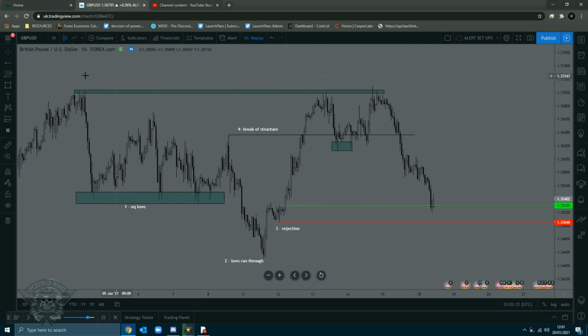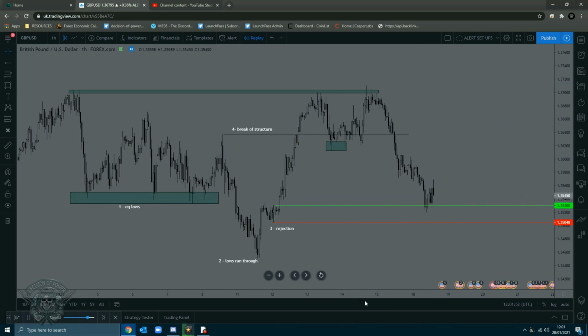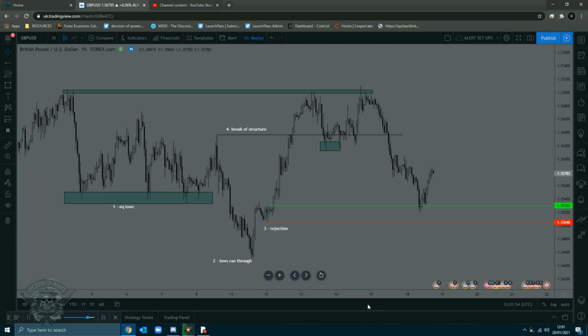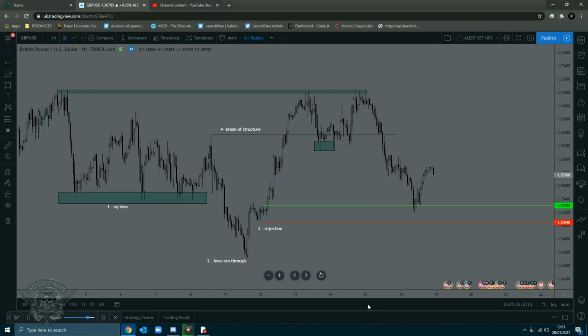I'm not going to go into too much detail about targets at the moment. That's for another video, in the target identification series, which I'm going to do later on down the road. But basically, I was looking for an entry here to run at these highs. This is one I took earlier this week, and I'm going to play it now until it gets to the point where price is currently at, all the way up to today.